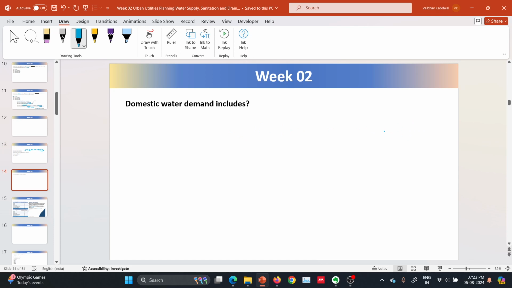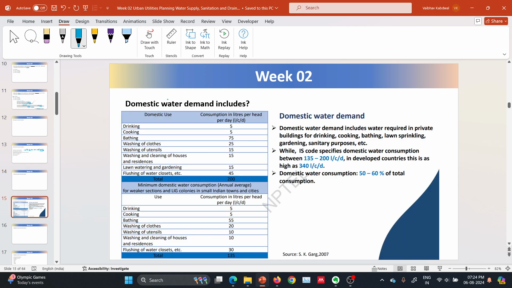So what is domestic water demand? You can think of our households, the residential buildings: what is the total demand of water for cooking food, for bathing? Let's take the example. For drinking we need water, for cooking we need water, for bathing, for washing clothes and utensils, washing and cleaning houses and residences, lawn watering and gardening, flushing of water closets.